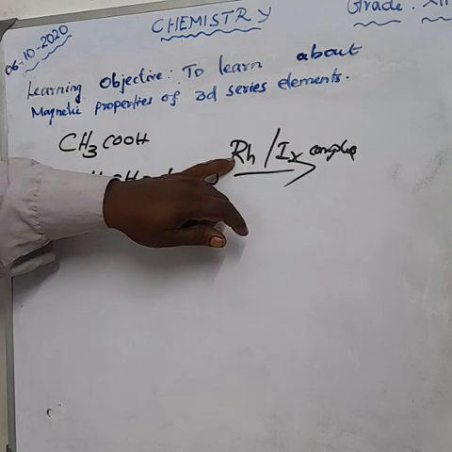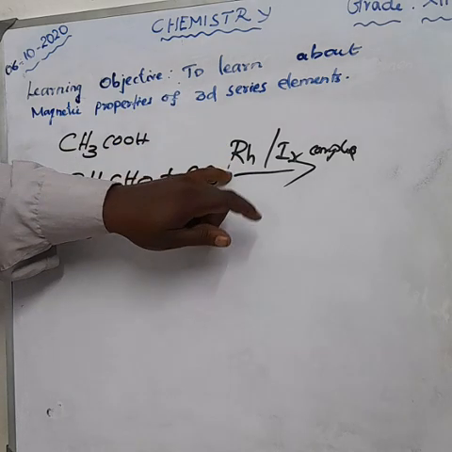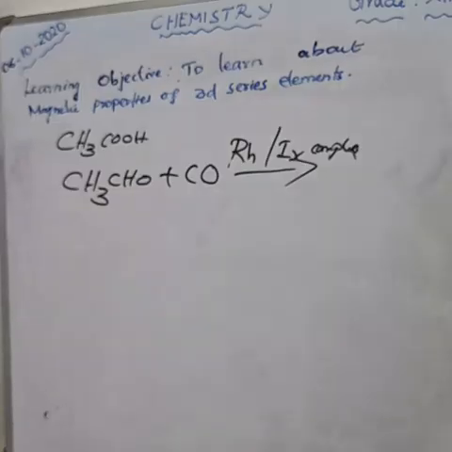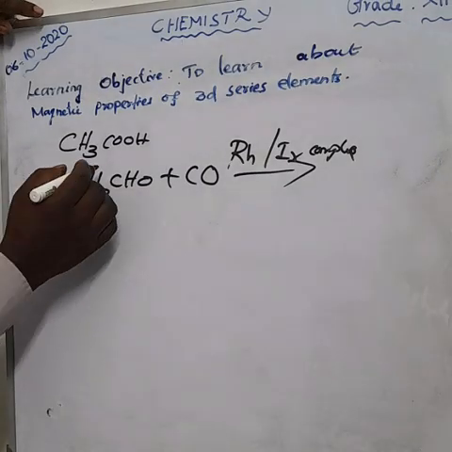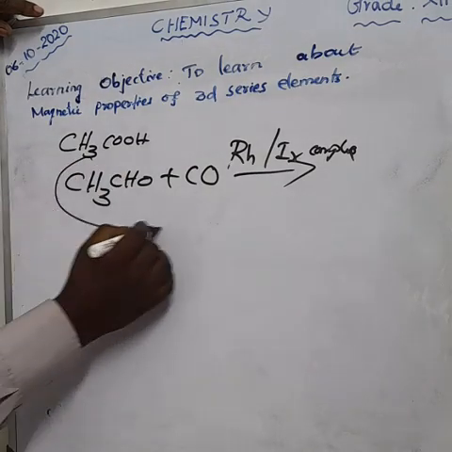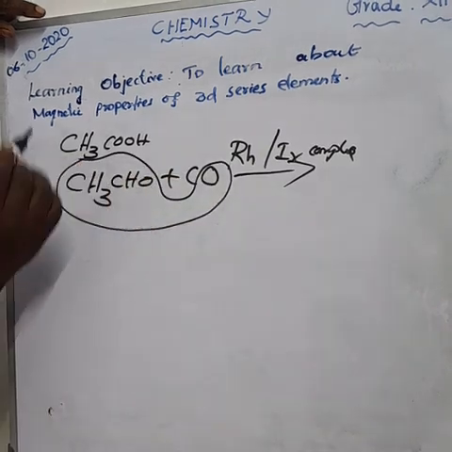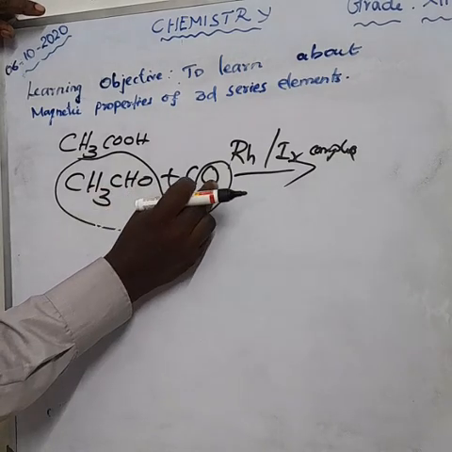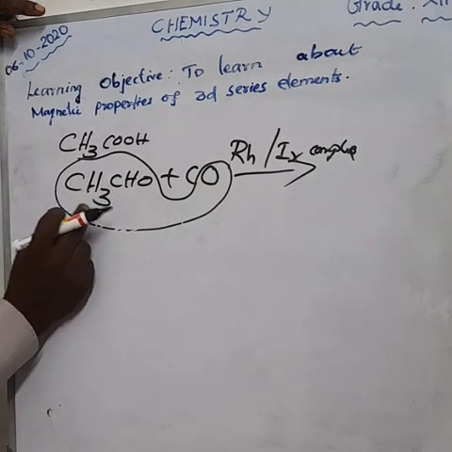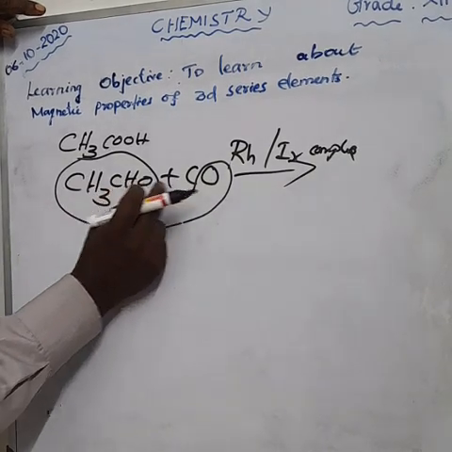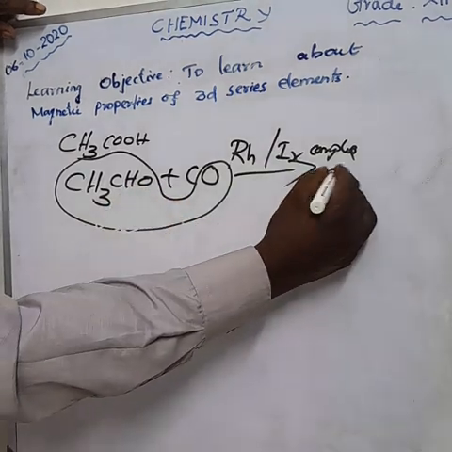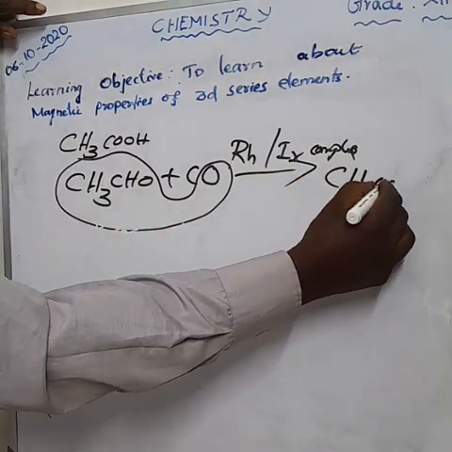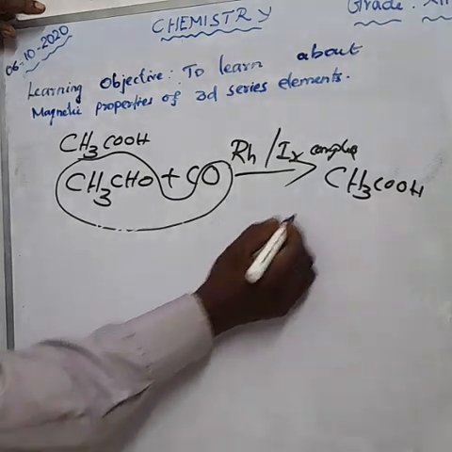This is not a 3d series, this is the 4d series. We are taking rhodium as the catalyst here. So the product is CH3COOH, acetic acid.